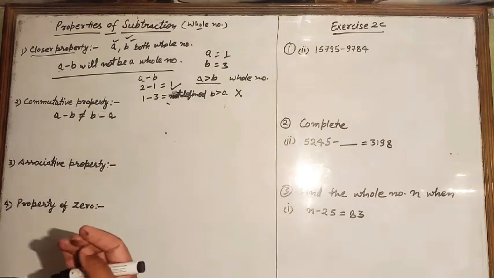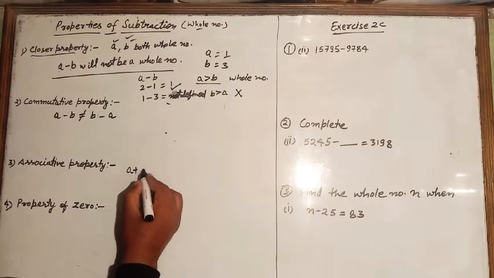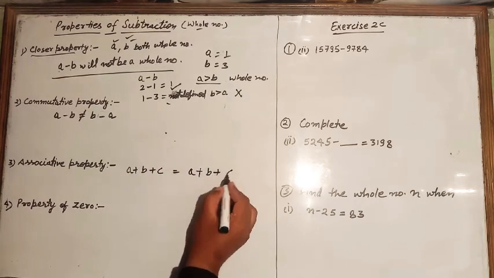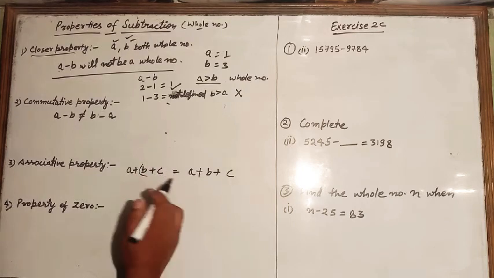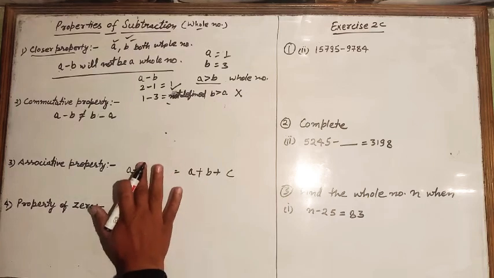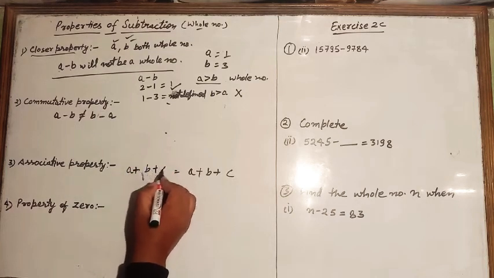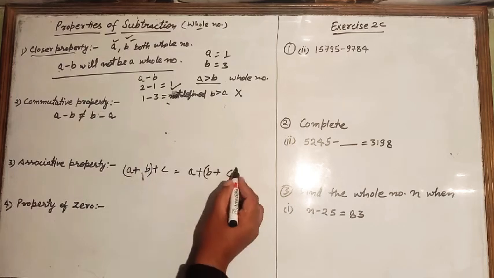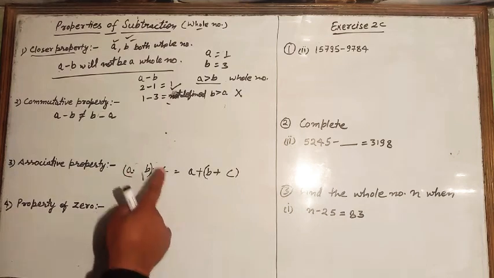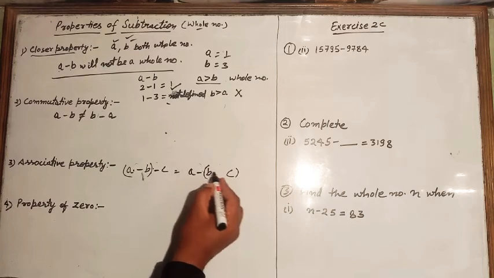Now come to the associative property. In the associative property we have learned that a plus b plus c is equal to a plus b plus c, with brackets put like this: (a plus b) plus c equals a plus (b plus c). But it is subtraction, so we will change this sign to minus.